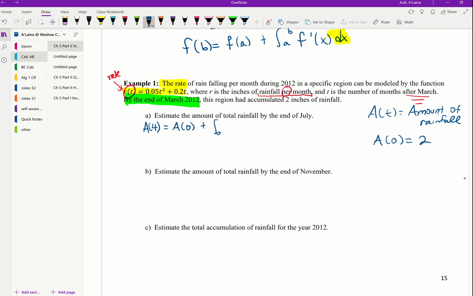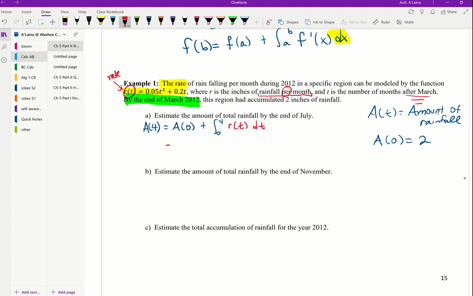Now my limits, 0 must be the bottom limit and 4 must be the top limit. These must match. Wherever I am starting off needs to be the starting limit for my integral, and wherever I would like to end needs to be the ending limit for my integral. And then I want to undo a rate in order to find an additional amount to get my total amount. And again, we knew that A of 0 is 2.